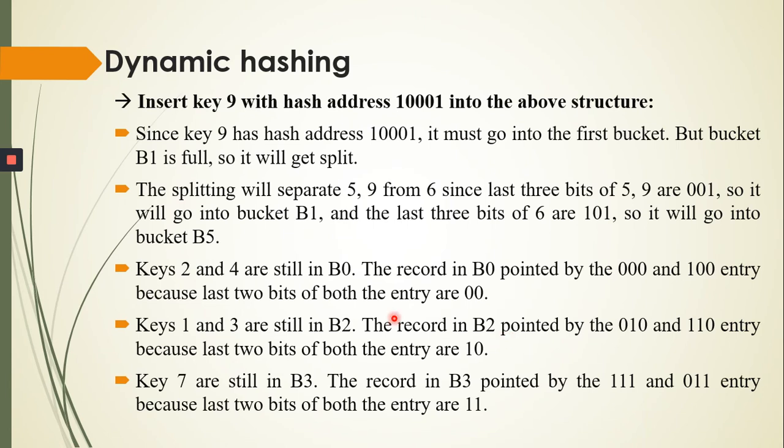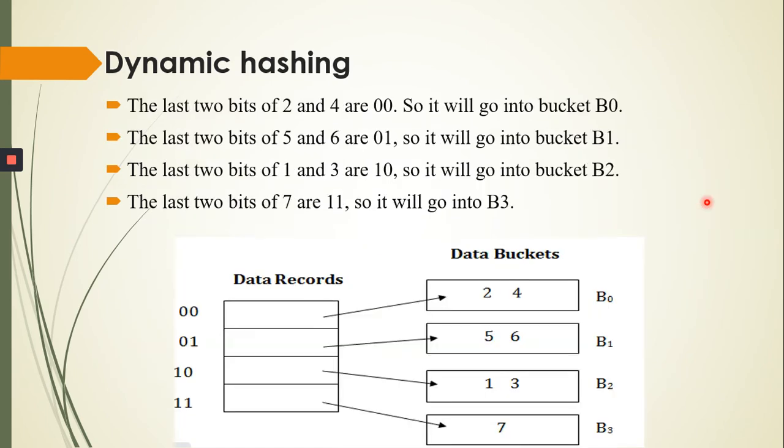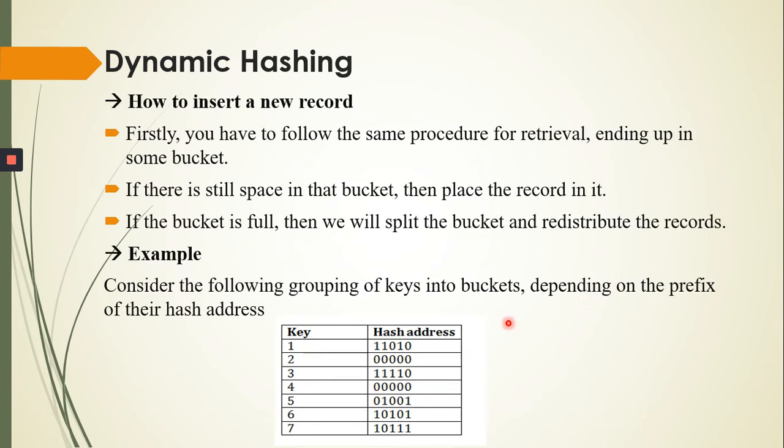The splitting will separate 5 and 9 from 6, since the last 3 bits of 9 are 001. In the previous example we were using the last 2 bits; now we are using the last 3 bits.